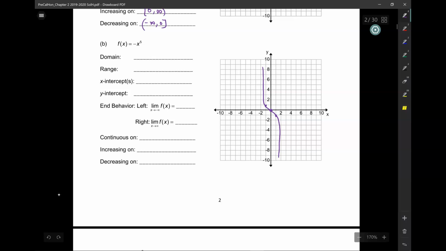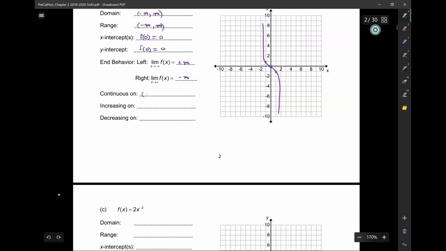Okay, so domain is all reals again. How about range? Right. X-intercept is f of 0 equals 0 again. And so is the y-intercept. As x approaches negative infinity, where does f of x go? Positive infinity. As x approaches positive infinity, f of x goes to negative infinity.